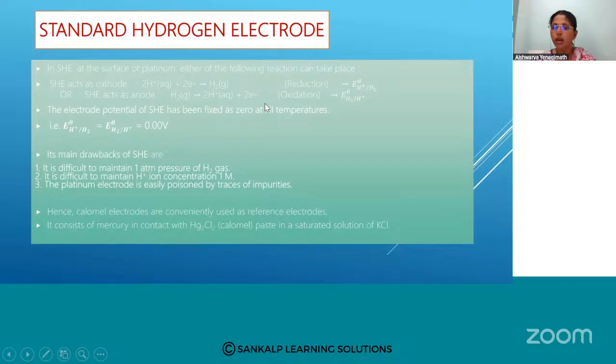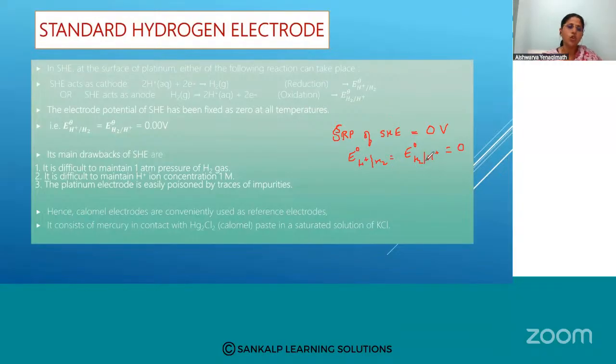The standard reduction potential of SHE is assigned to be 0 at all temperatures. Either you are talking E0 H plus | H2 or E0 H2 | H plus, it is 0.